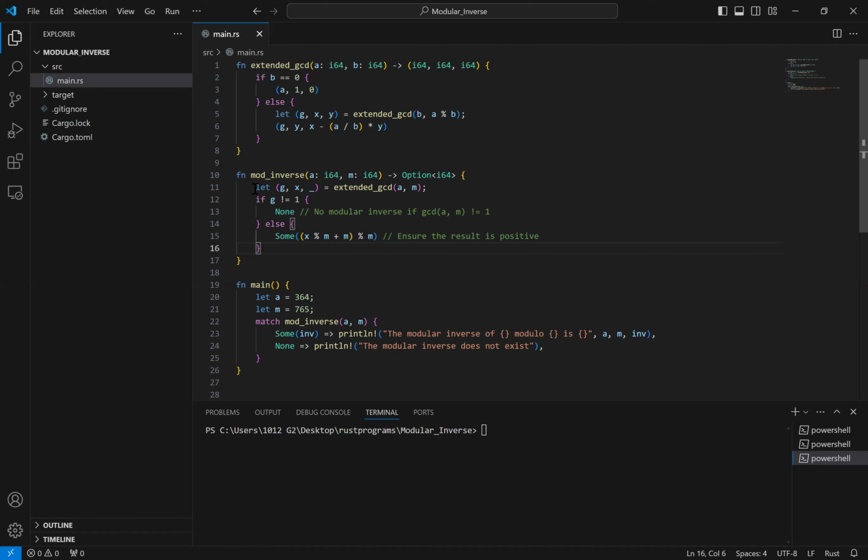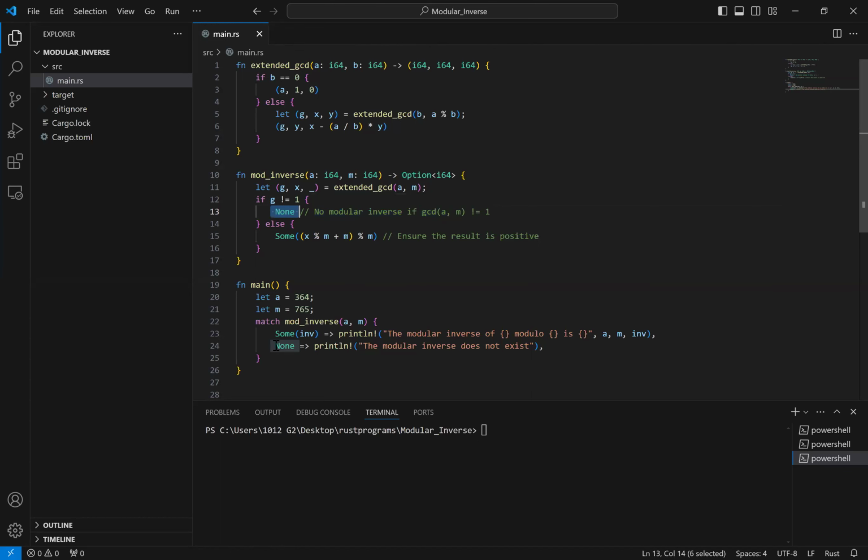Now, after we receive values from this function, we begin from here. Look at what I'm highlighting. It means if GCD is not equal to 1, then the modular inverse does not exist. It has no inverse, so none.